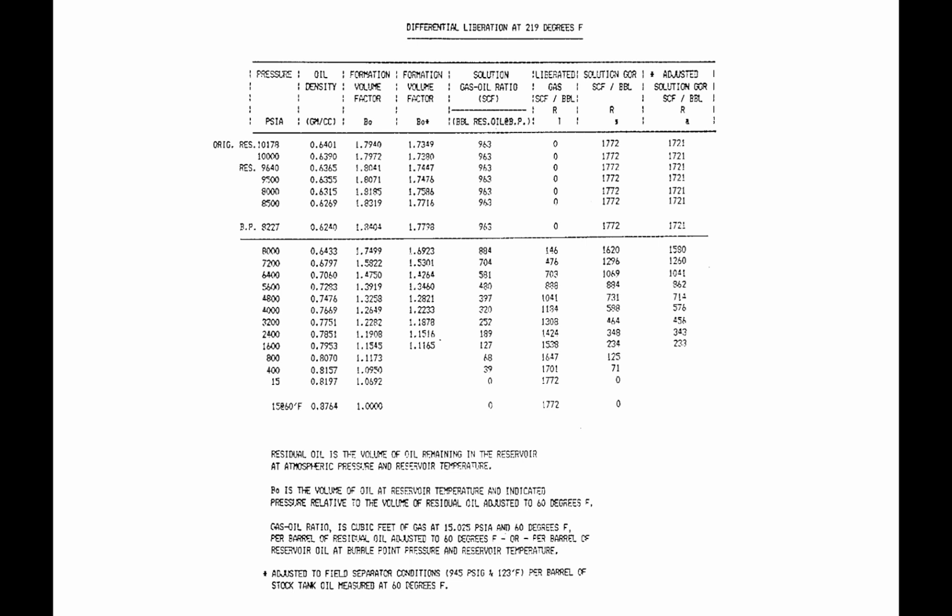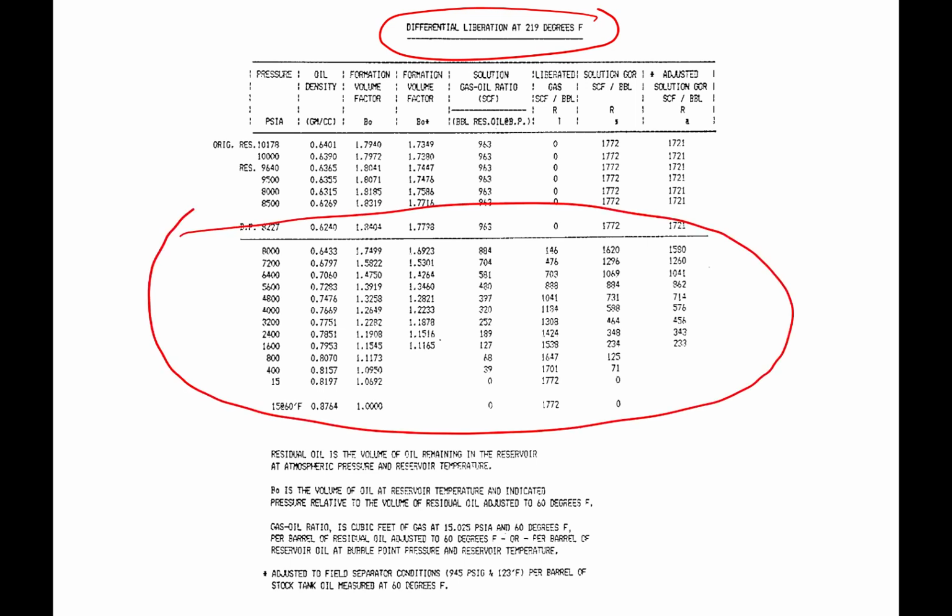So this is your differential liberation data, and we mostly focus on data below bubble point in the differential liberation data. And I'll talk more about that when we get to the calculations on how to extract the fluid properties of interest from PVT data.